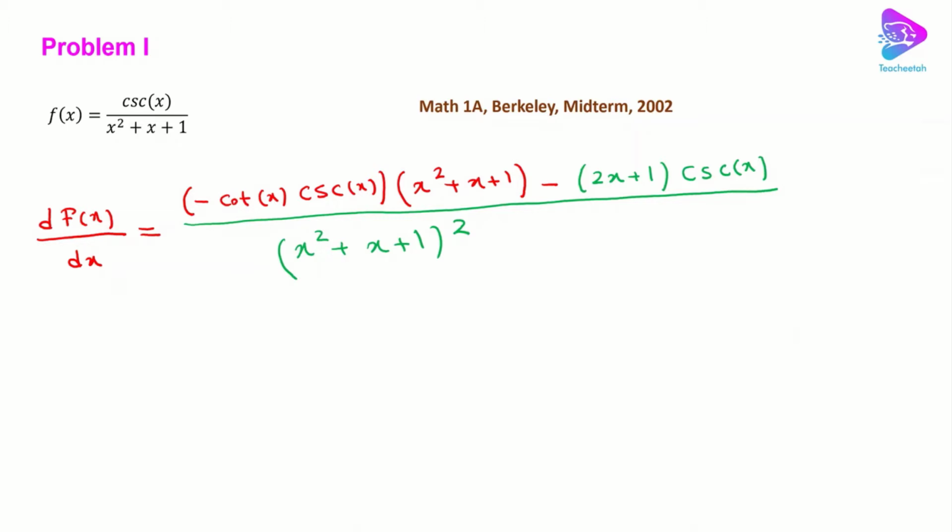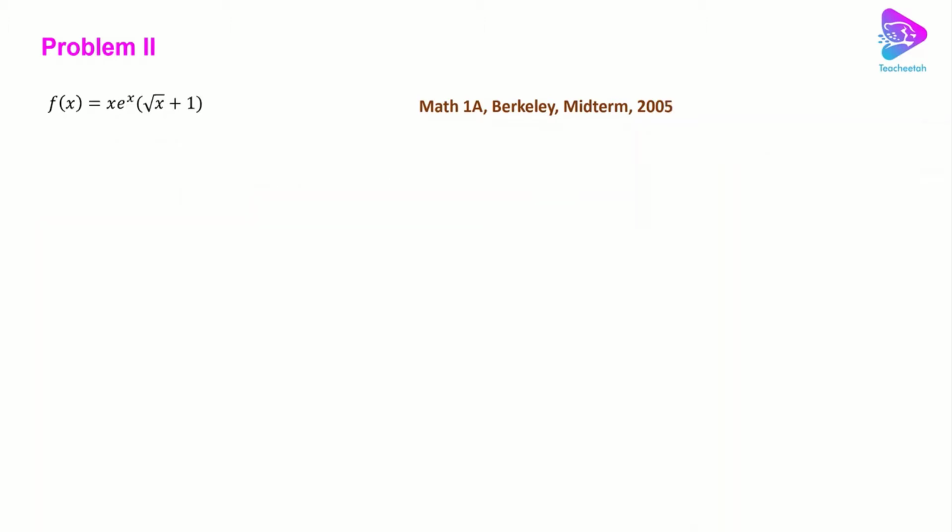Let's look at the second problem. For the second problem, as you can see, we have multiplication of three functions, which are x, e to the power of x, and square root of x plus 1.